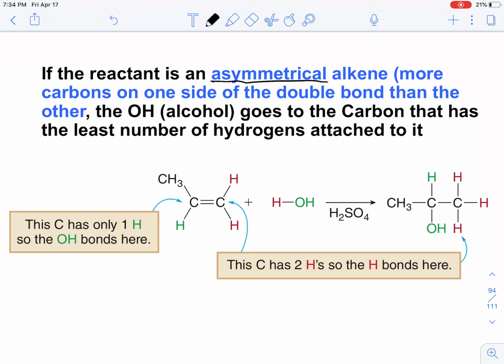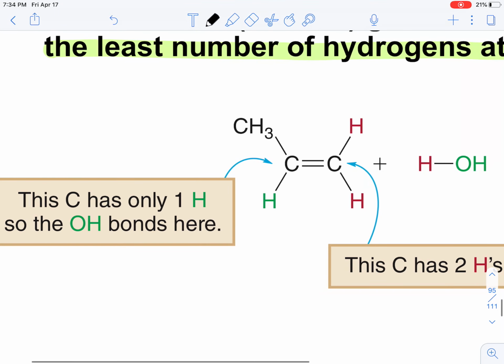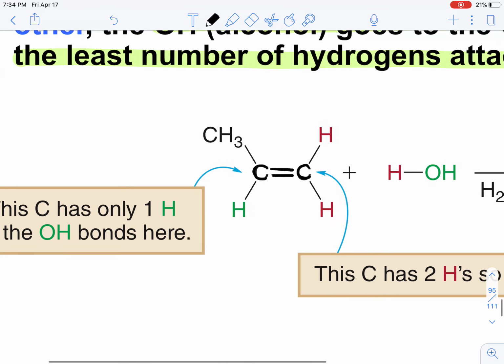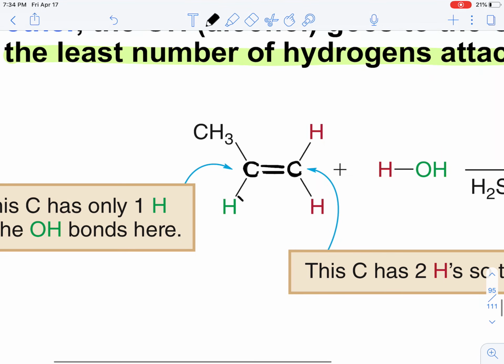And if it is asymmetric, your alcohol goes to the carbon that has the least number of hydrogens attached to it. So let's look at an example. Here we have our double bonded carbon, but you notice that this hydrogen is present. Also, you'll see two other hydrogens present on the right-hand side.